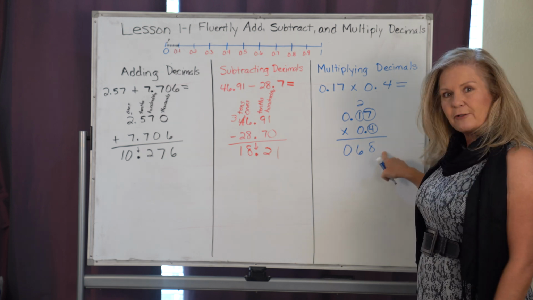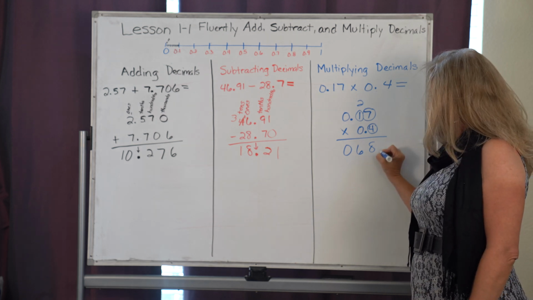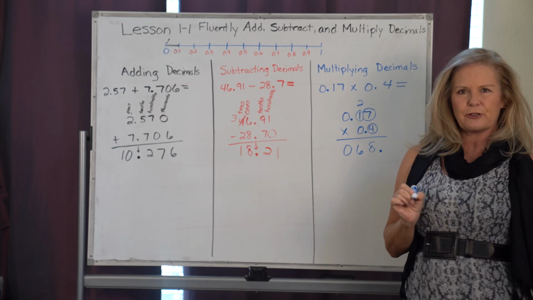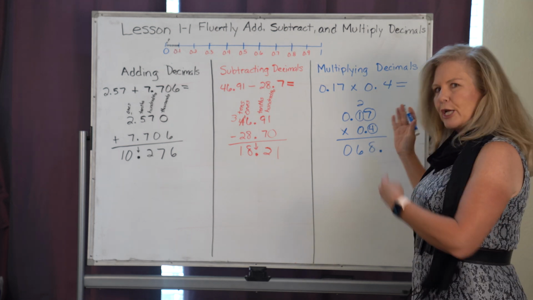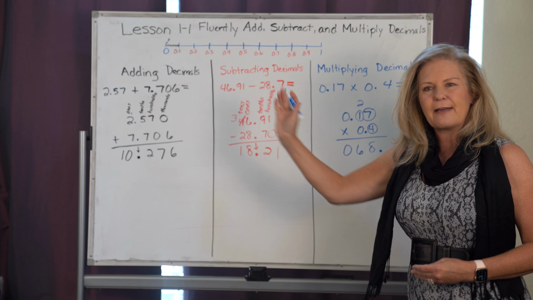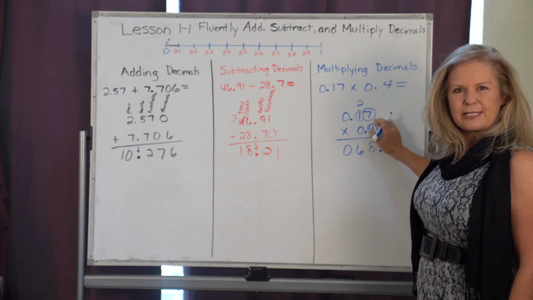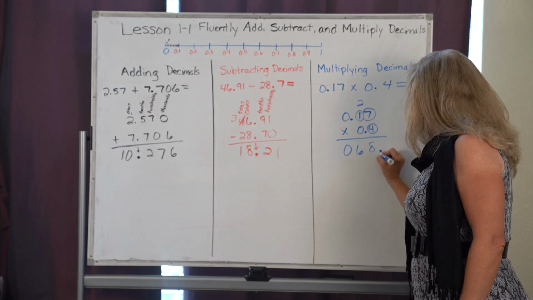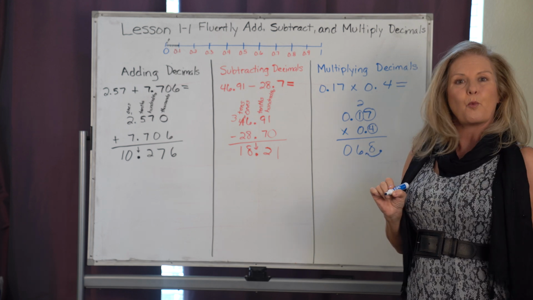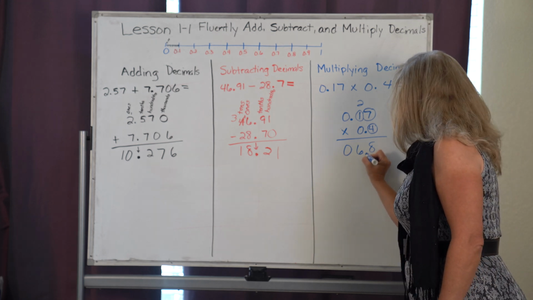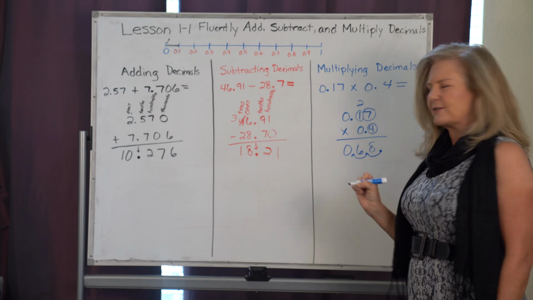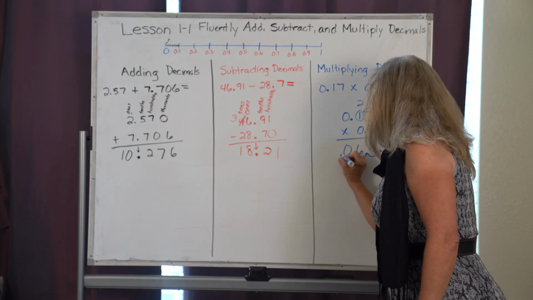So you're going to go down into your answer, and you're going to start right here. And if you think about putting your decimal point there, now we're going to move it backwards to the left the same number of digits that I circled. So here I moved that decimal point back 1 place to the left, 2 places to the left, 3 places to the left.